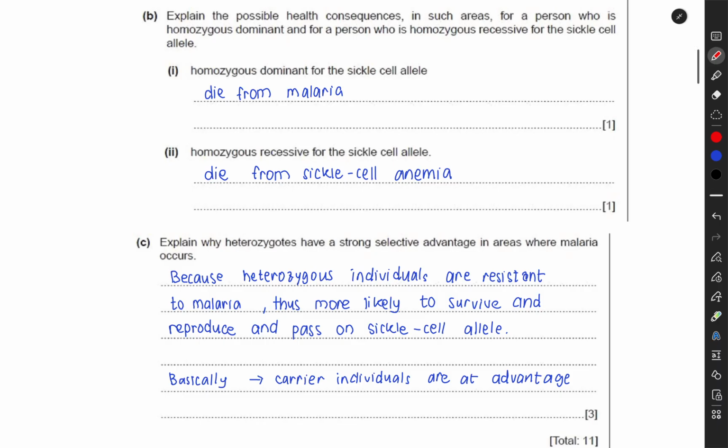But the heterozygote carrier, heterozygote and carrier being basically the same thing, has an advantage that the malaria parasite cannot infect the cell, so it is more likely to survive and reproduce and pass on the sickle cell allele.